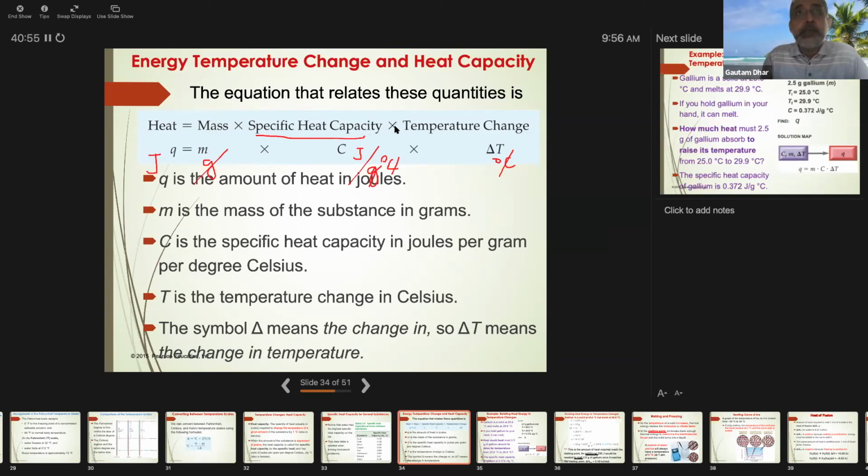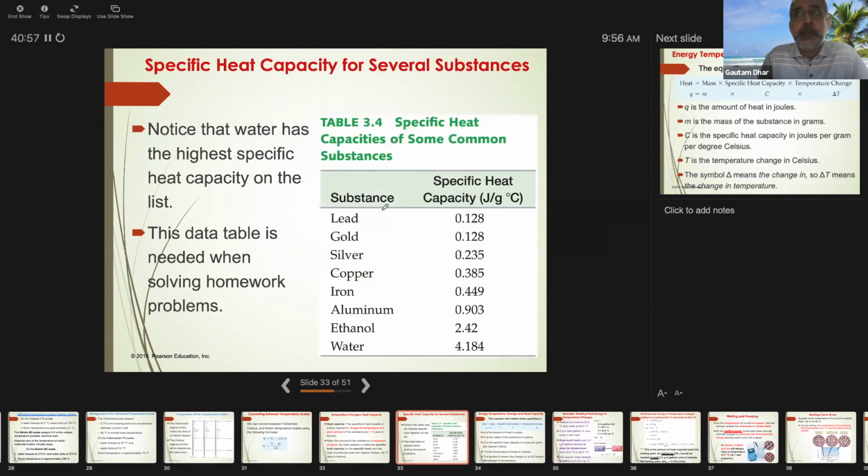Now, here's the list of specific heat capacities from the previous slide. If you compare now, because they're all per 1 gram, you had an equal amount of each of these materials. You can see that lead only takes 0.128 joules to raise the temperature by 1 degree centigrade. And if you look at water, it's 4.184, many times more, 35 times more.